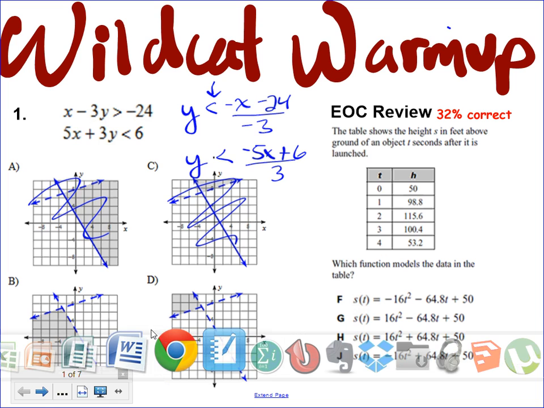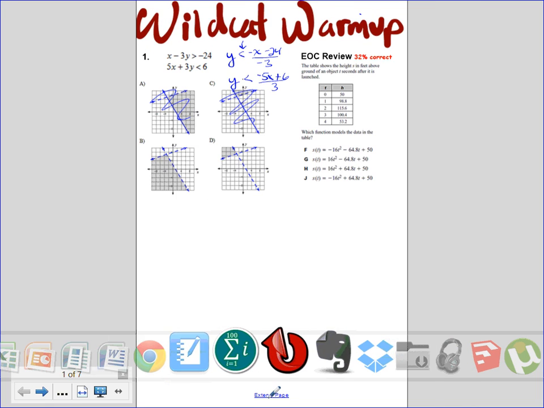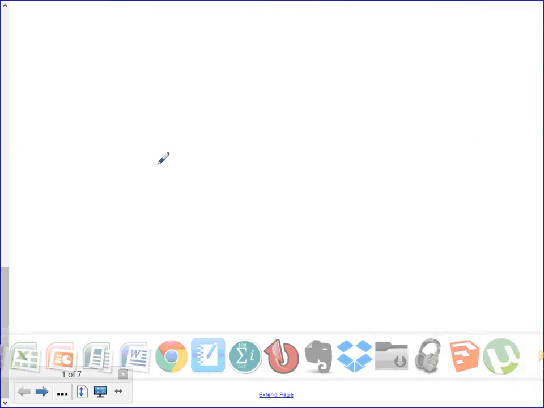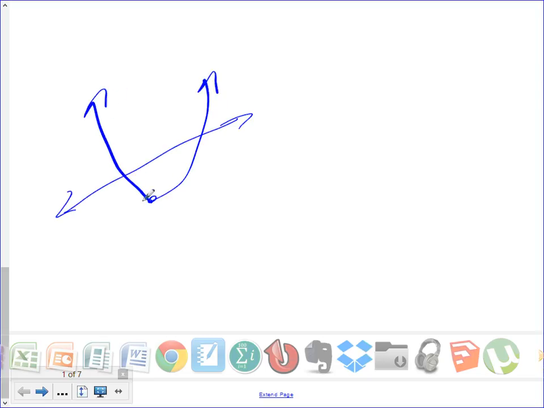So whenever we graph 2 or more equations, just to remind you, say you graph a line and a parabola. And these are equations, not inequalities. So where are the answers on this graph?